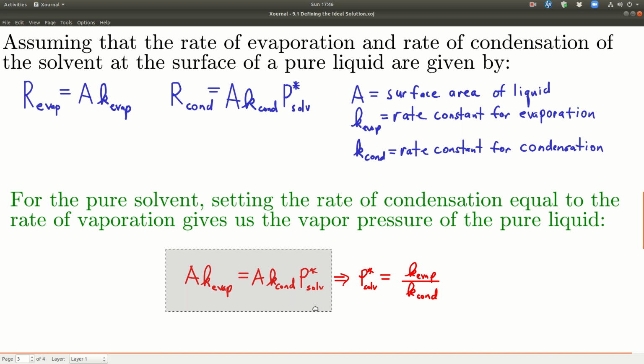If we rearrange this and solve for the vapor pressure of the pure solvent, P star solvent, the surface area cancels, and we just get that the vapor pressure of the pure solvent is equal to the rate constant for evaporation divided by the rate constant for condensation. So that makes sense, right? If the rate constant for evaporation is greater than the rate constant for condensation, then we're going to have a large vapor pressure and vice versa.